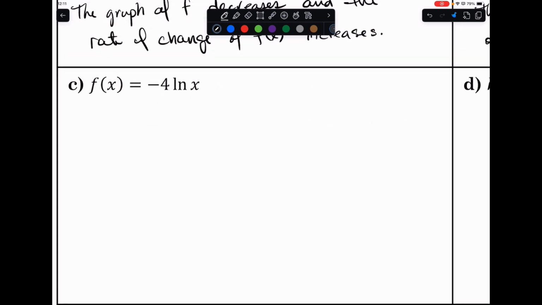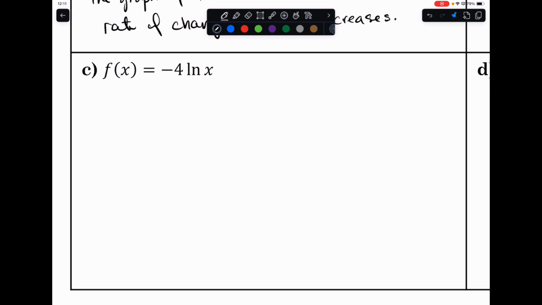So how can we tell this without the actual graph? Well, again, that's by the value of a. Since in this example, a is equal to -4, a number that is less than 0, then that means that the log function has to decrease. And if it's decreasing, then it has to concave upwards.